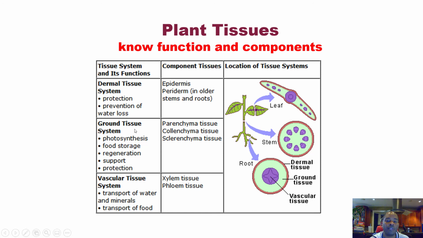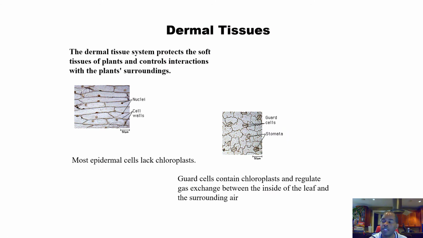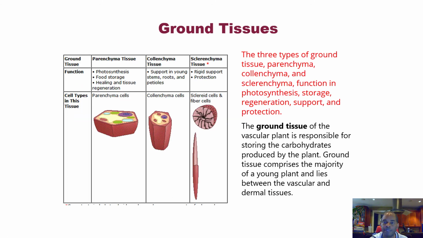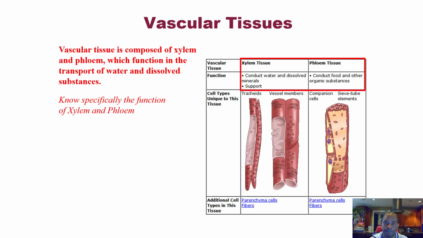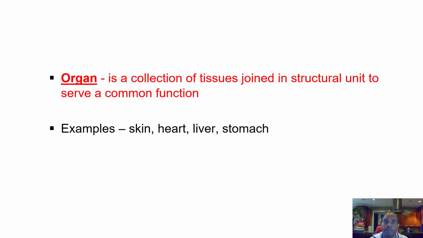And the ground tissue is basically everything else. If you're not dermal and you're not vascular in a plant, you're ground tissue. And these are made up of many different types of cells. So work your way through the PowerPoint, get a feel for it, and write down the appropriate words into your Google Doc. Okay? Much of this we'll talk about in more detail in grade 11 biology, because there is an entire unit dedicated to plants.